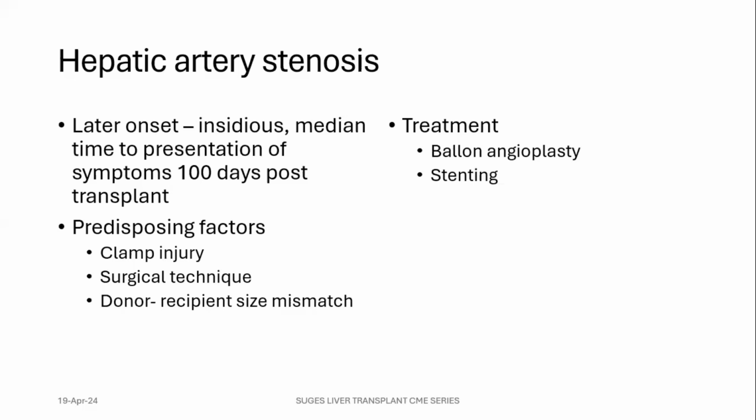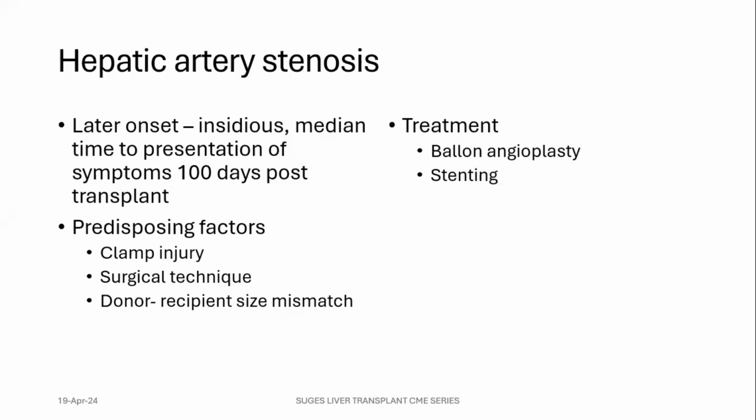The things that may predispose you to hepatic artery stenosis are clamp injuries as you're clamping the hepatic artery during retrieval from the donor, and then before anastomosis to the recipient.